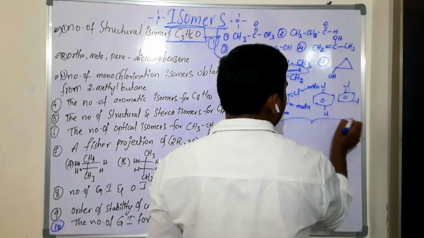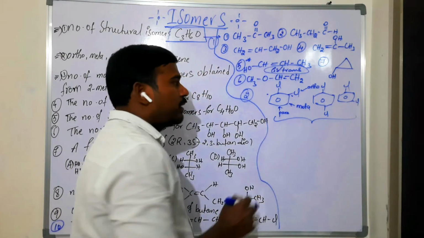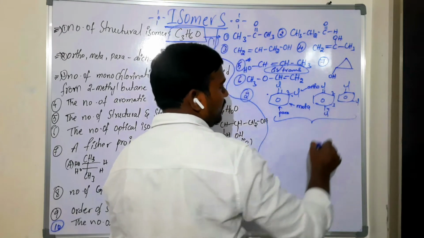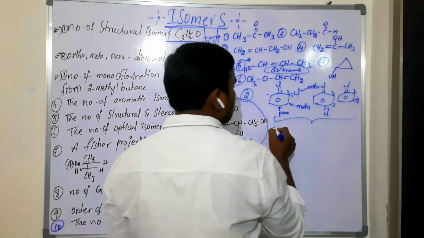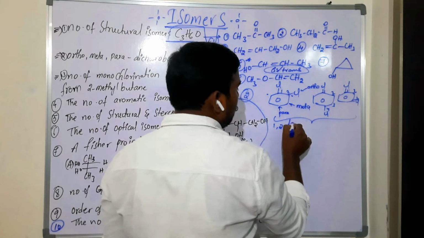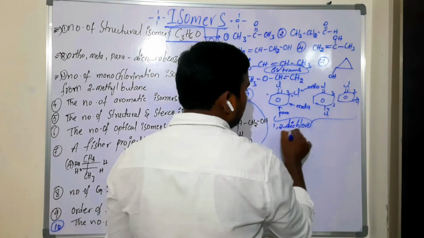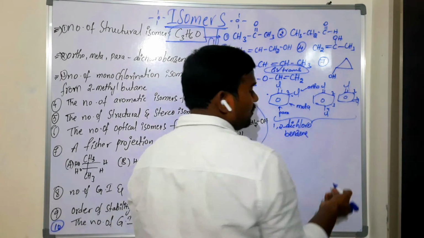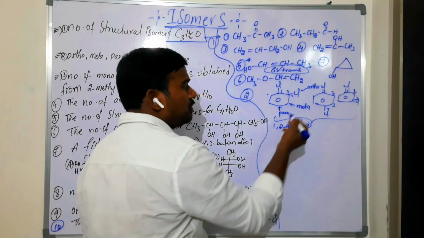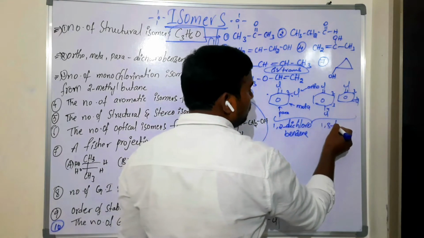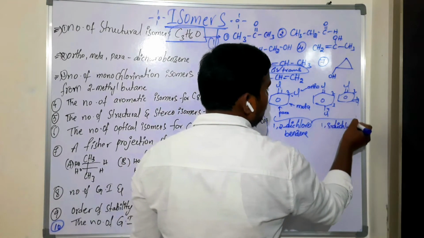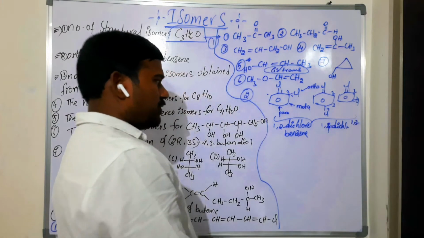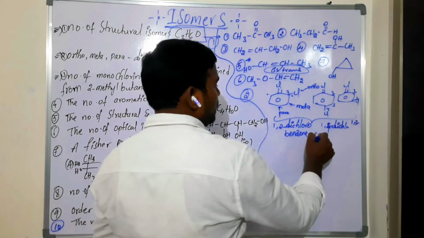Now these three all have the same molecular formula, but the position of the two chlorine substituents is different. It is 1,2-dichloro, here it is 1,3-dichloro, and it is 1,4-dichloro. They have the same carbon chain, but the position of the halogen substituent is different, so they come under positional isomers.